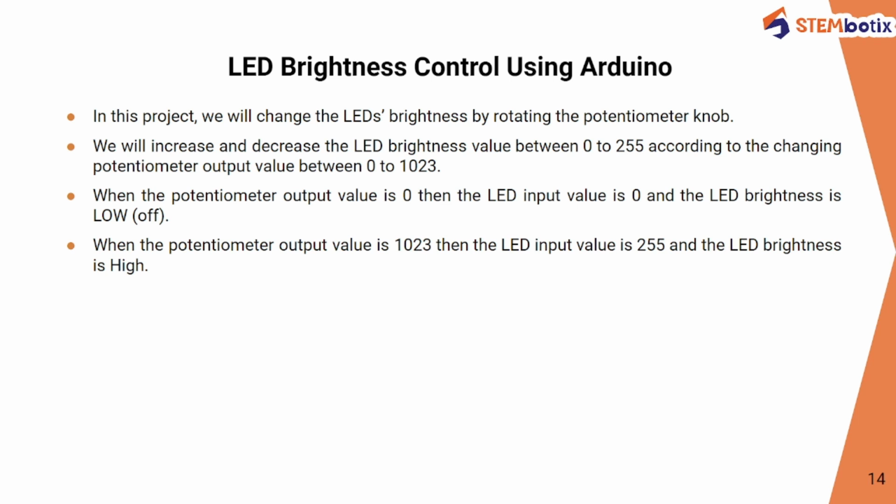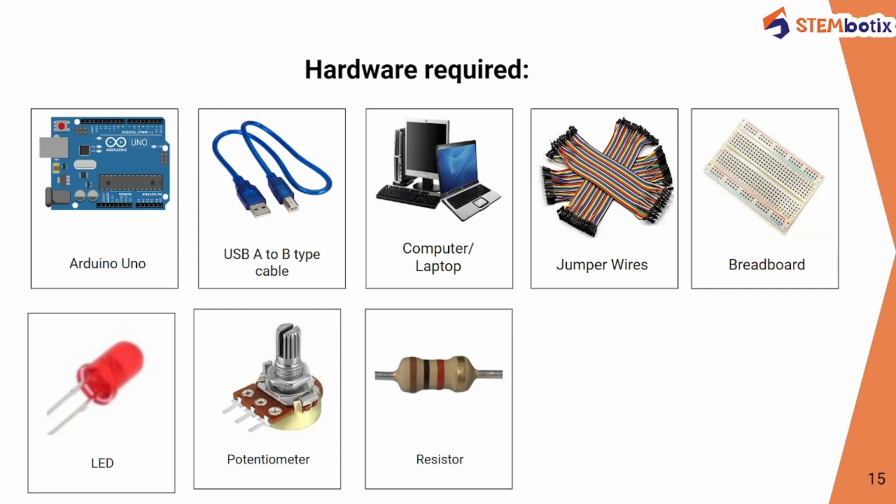When the potentiometer's output is 1023, means the potentiometer's output is at its high, then as a result the LED's input value would be 255, means your LED will be at its higher mode, which will give you the LED at its full brightness position.